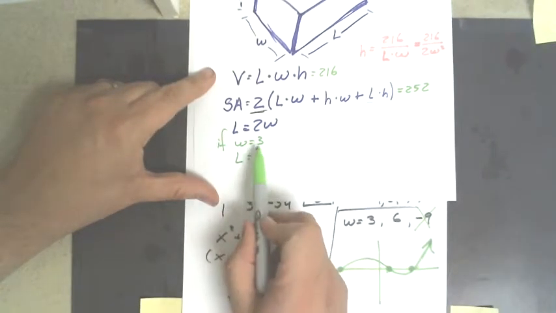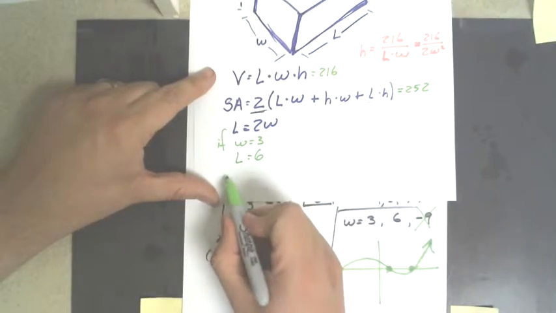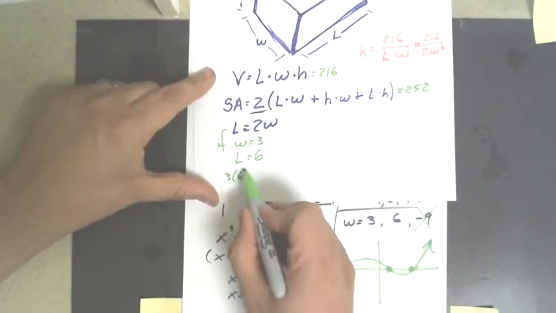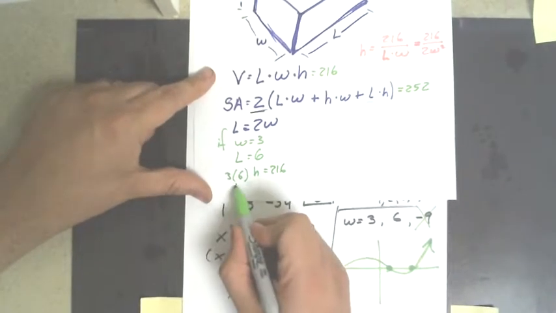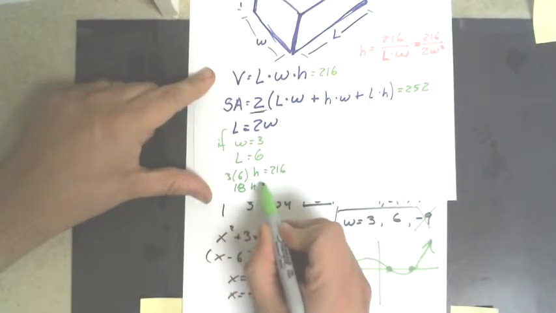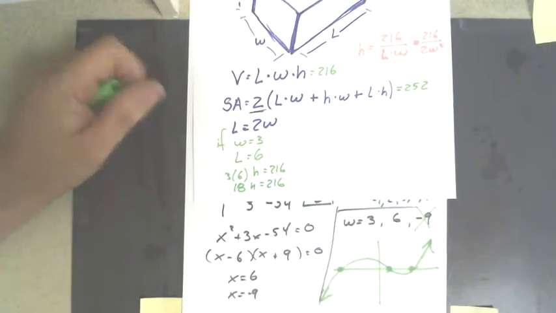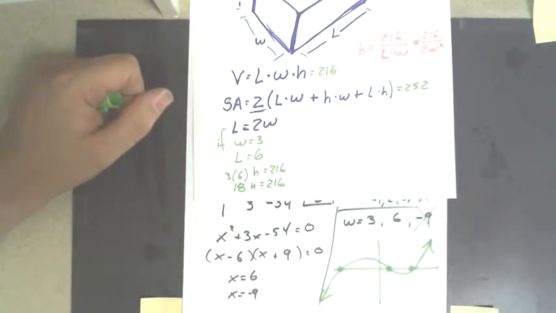And the length times the width times the height, 3 times 6 times h, has to be 216. So 18 times h has to be 216. And we just have to figure out, what do you multiply by 18 to get 216?